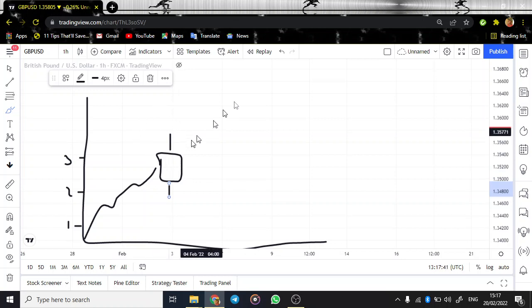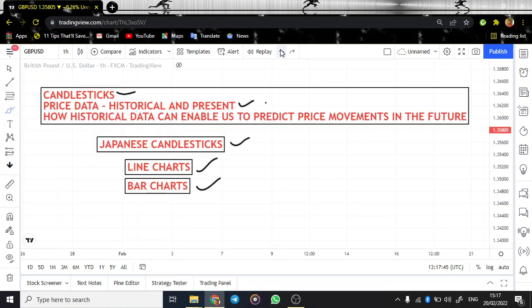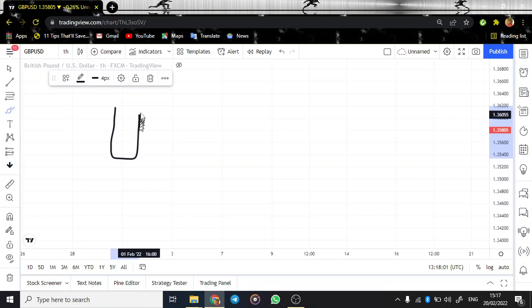So we have different types of candlesticks, but the basic foundation of a candlestick is that it has a body. It has a rectangular body that looks like this, and it has something like this.